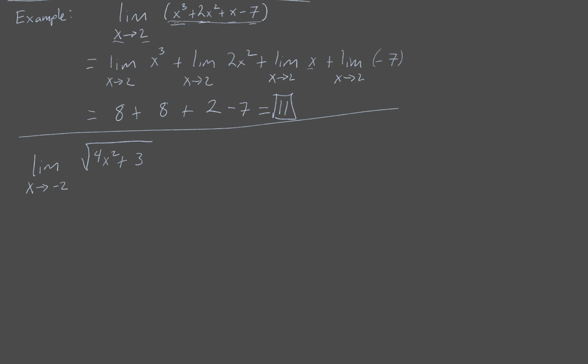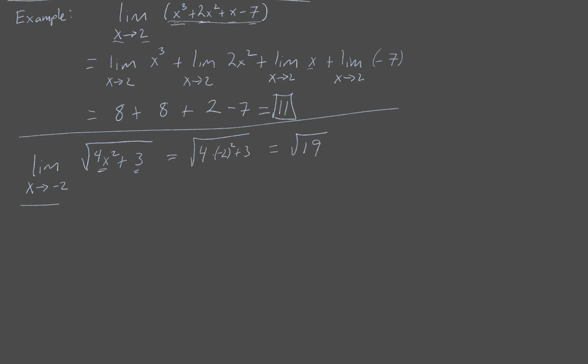Okay, the square root function is a continuous function as long as you're not plugging in negative values, but this thing is never negative because it's a square, which is a positive thing, plus 3, which is a positive thing. So we should be able to just plug in negative 2 into this, and we will get the square root of 4 times negative 2 squared plus 3, which is the square root of 19.